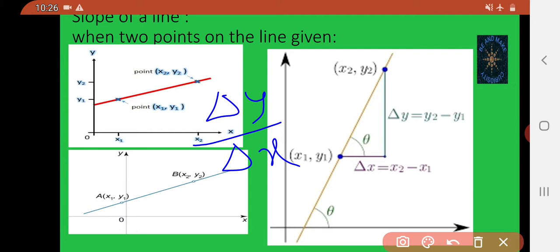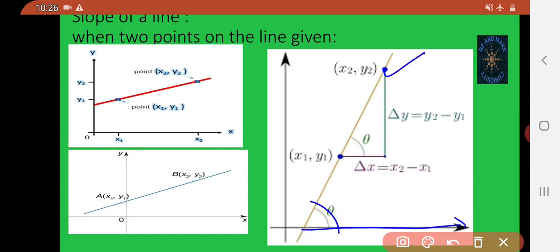Also you know that tan theta is your slope m. The angle made by this line with the positive x-axis is theta. And 2 points are given, this point and this point.